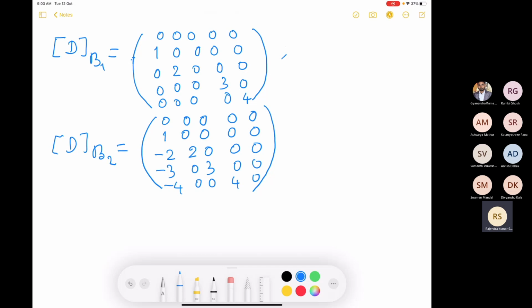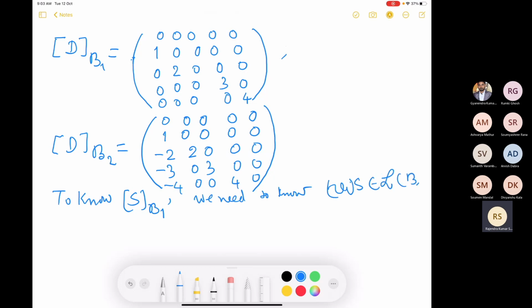Now, the matrix of S we want to write, with respect to the basis B1. So, to know the matrix of S with respect to the ordered basis B1, we need to know what is ViS as a linear combination in the linear span of B1.